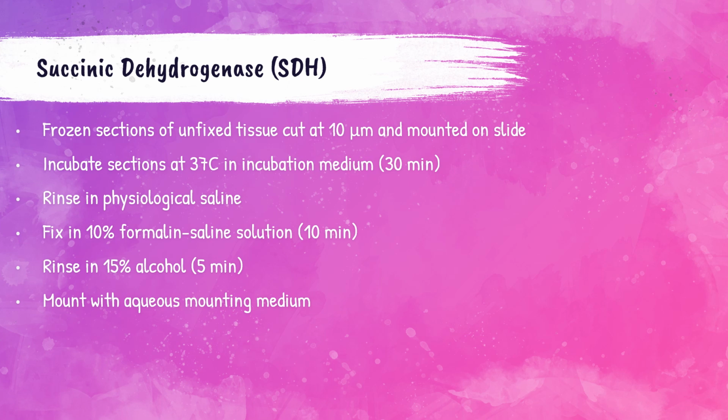The section should be incubated at 37 degrees Celsius in an incubation medium for 30 minutes. After that, it should be rinsed in physiological saline. After this rinse, fix in 10% formalin saline solution for 10 minutes, and then rinse in 15% alcohol for 5 minutes. Then mount with aqueous mounting medium.